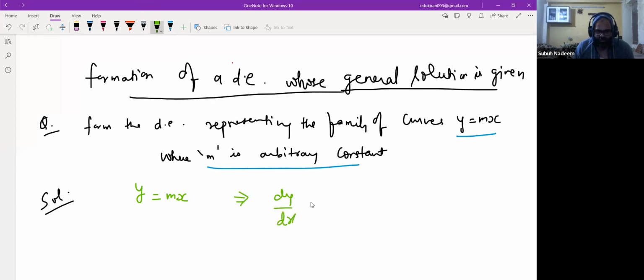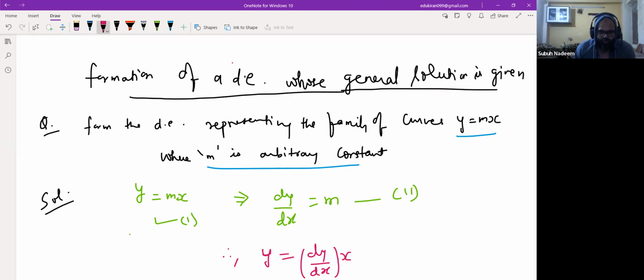So dy by dx is equal to m after differentiating, because differentiation of x is 1. Then using this equation and this equation, we can write y is equal to dy by dx into x. So this is the answer. This is the differential equation.